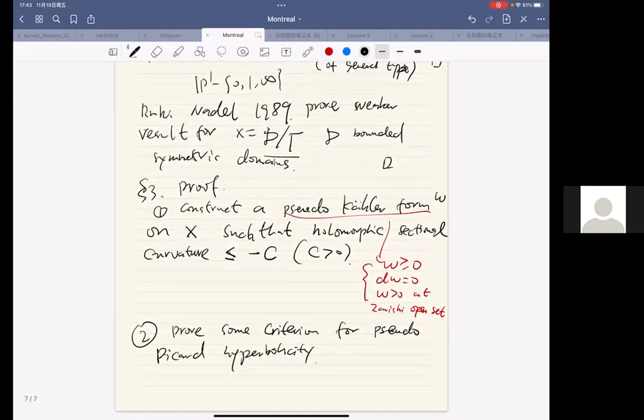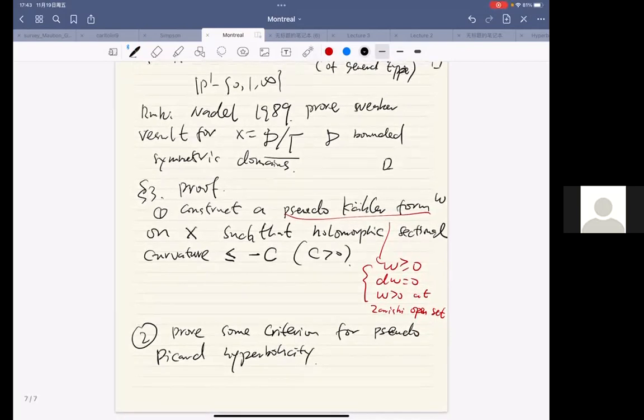This is close to what we have done with Sun and Zuo. But the proof is slightly different, since in our previous proof we used nonlinear methods, with some Finsler metric, and the metric has a very clear behavior near the boundary.